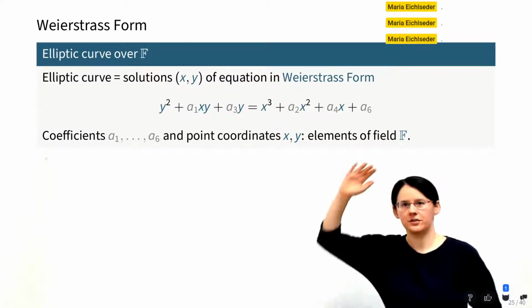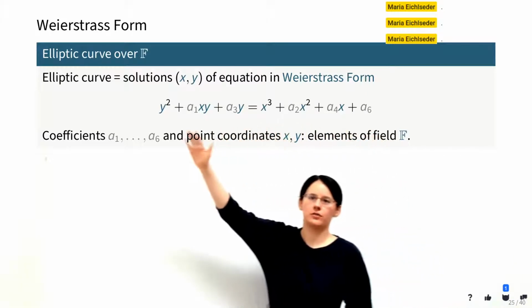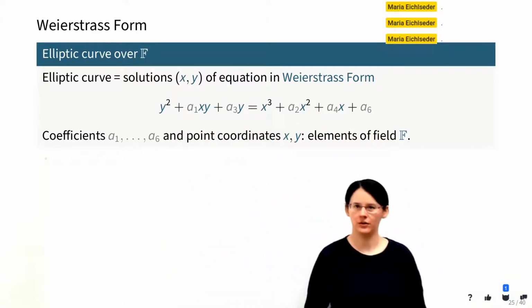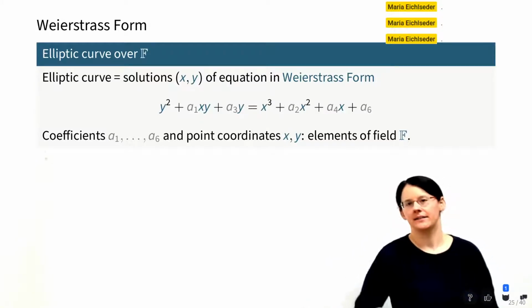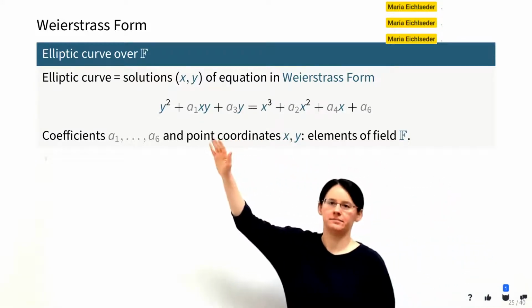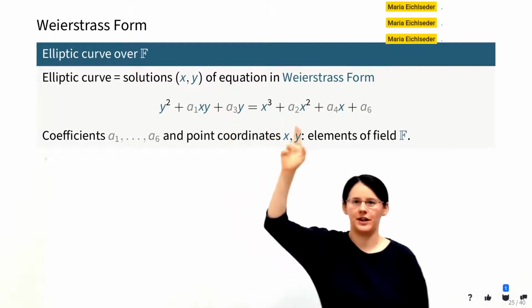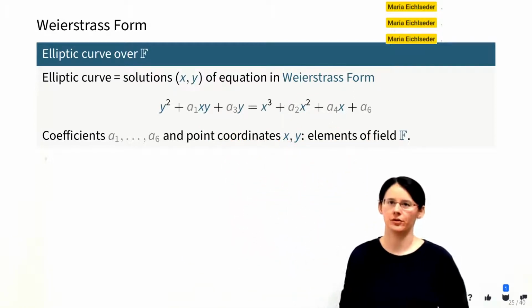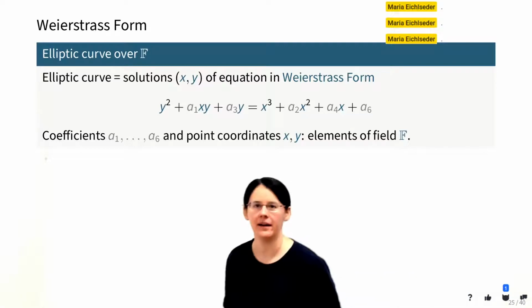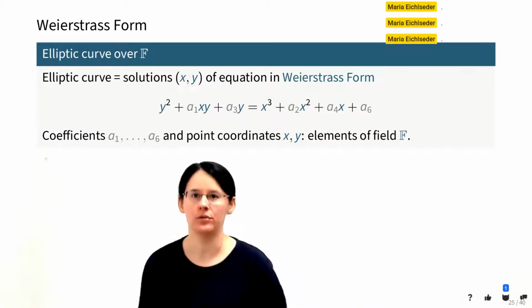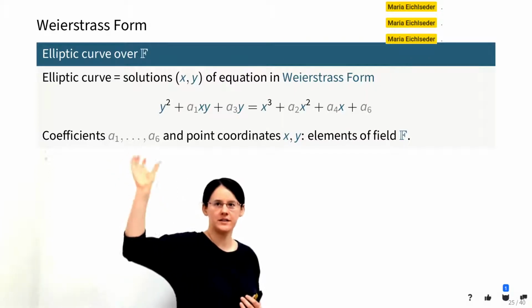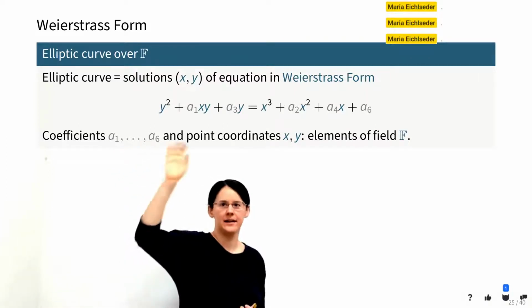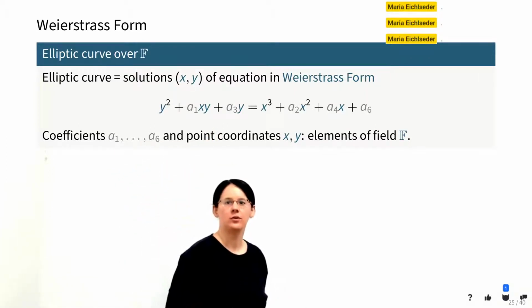And this structure, this particular function of x and y that is supposed to be 0, is the so-called Weierstrass form. This Weierstrass form has several parameters that you can change to tweak the appearance of the curve, which are denoted here by a1 to a6. These are constants that define what the curve looks like, and the x's and y's are the coordinates.